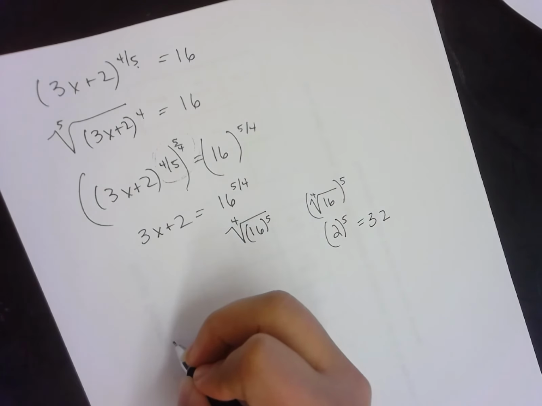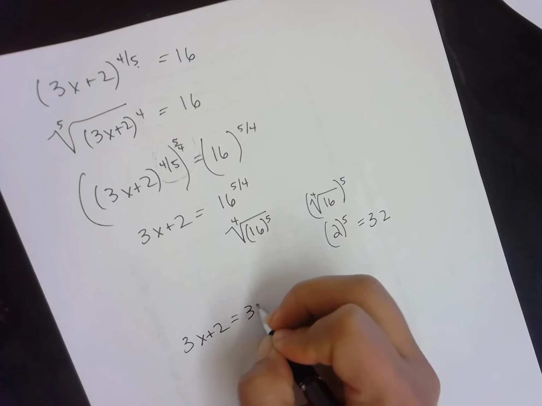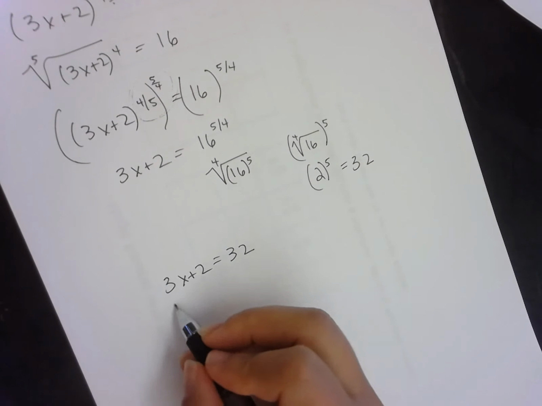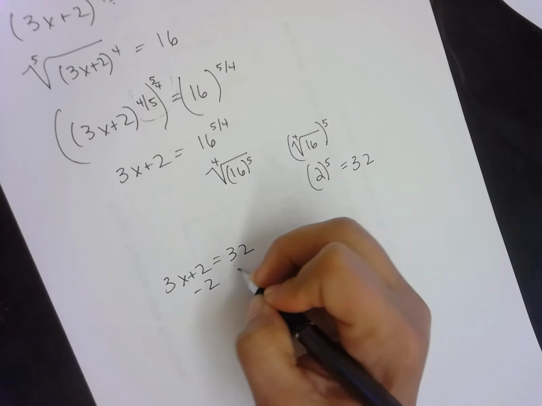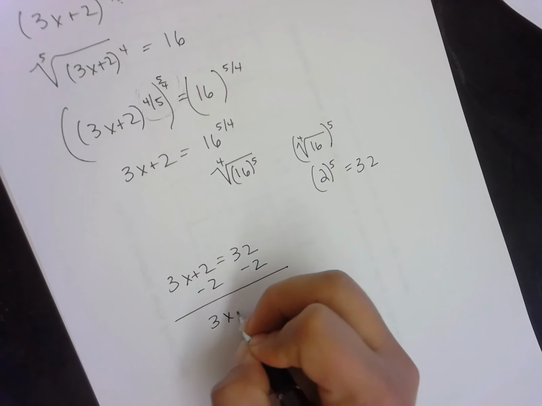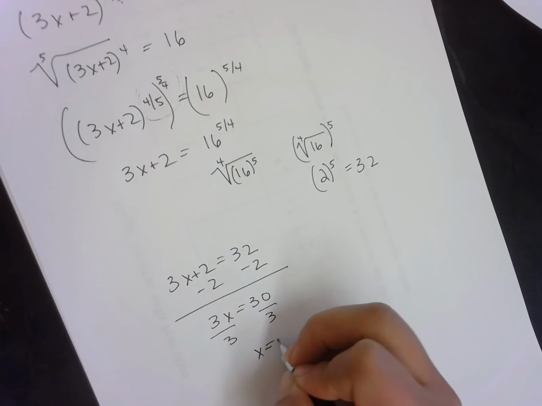So what I really have on this right-hand side is 3x + 2 is equal to 32. Now I just want to find my x by itself. I'm going to subtract 2 from both sides, I get 3x = 30, and I divide both sides by 3 and get x = 10.